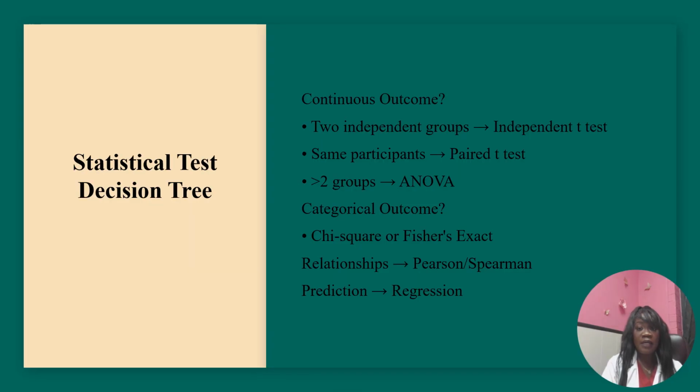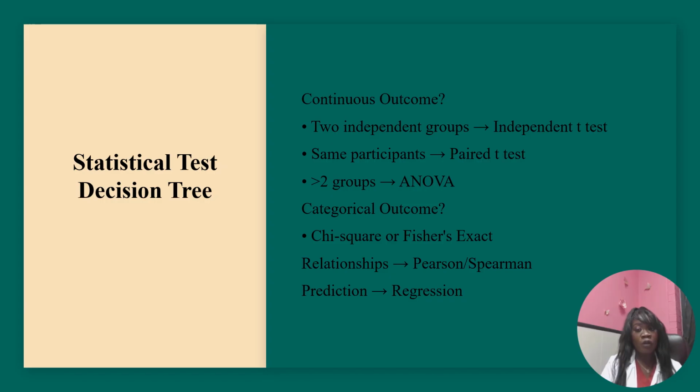The statistical test should match the type of data and project design. For a continuous outcome involving two independent groups, an independent t-test may be appropriate. When the same participants are being measured before and after an intervention, a paired t-test may be considered. ANOVA is commonly used when comparing more than two groups.